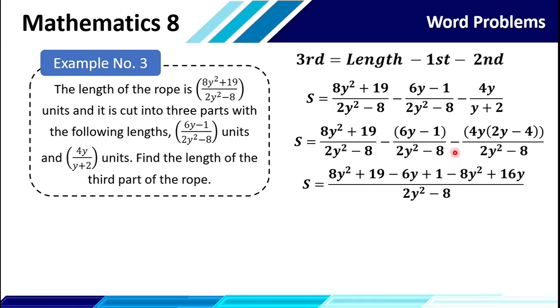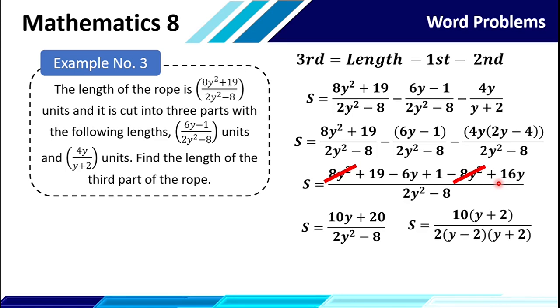Negative 1 times 8y² becomes negative 8y², and negative times negative 16y becomes positive 16y. As you can see here, we can cancel out 8y² and negative 8y². Therefore, we will have (10y + 10)/(2y² − 8).